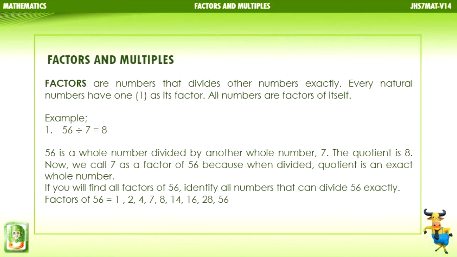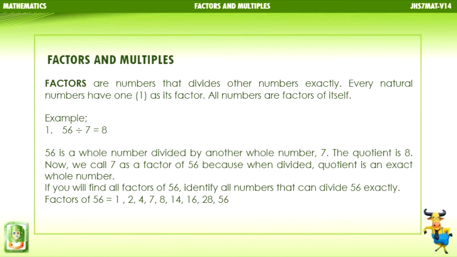Factors and multiples. Factors are numbers that divide other numbers exactly. Every natural number has 1 as its factor. All numbers are factors of itself. For example, 56 divided by 7 is 8. 56 is a whole number divided by another whole number, 7. The quotient is 8.